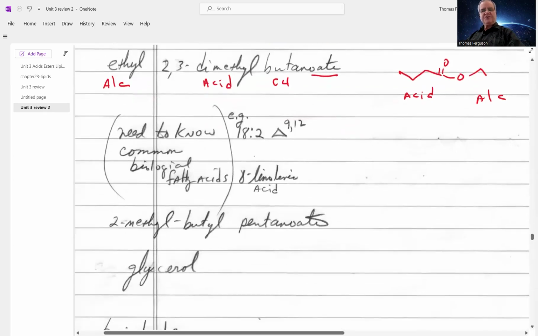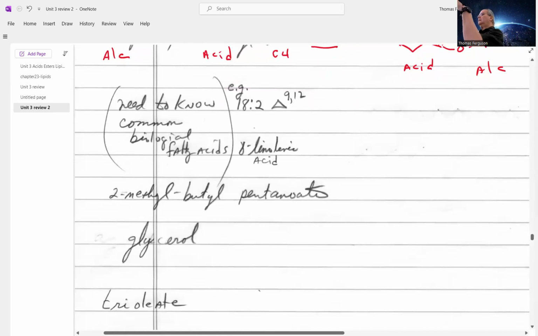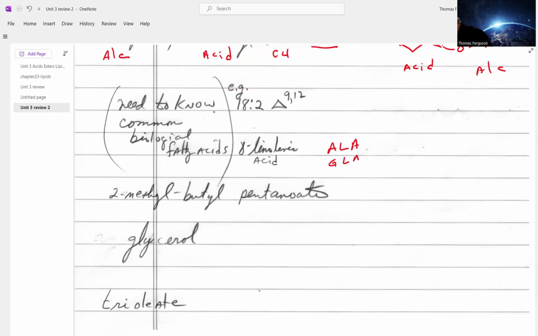Okay, you need to know that chart of acids I gave you, the fatty acids to know. Like this would be either the alpha version of the linolenic acid or the gamma version of the linoleic acid.